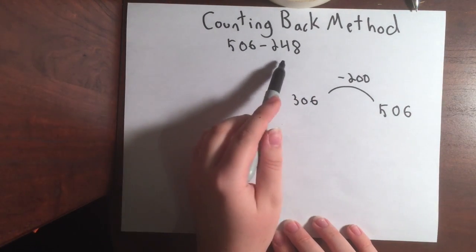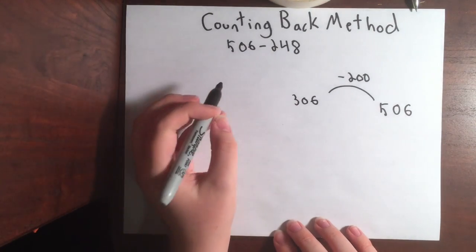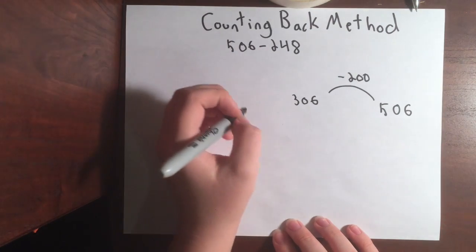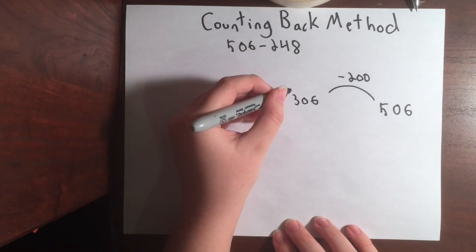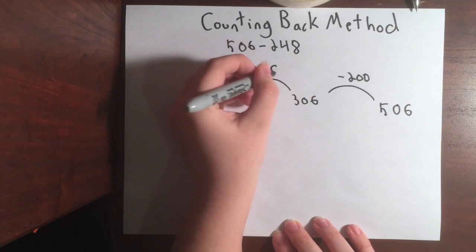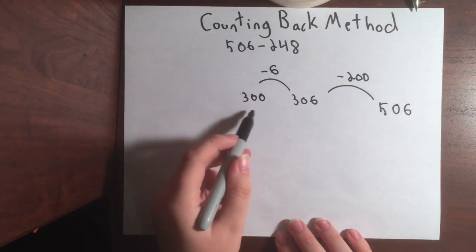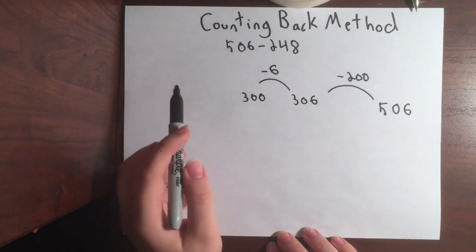Now we're a lot closer to 248 than we were when we began. Now let's take away our 6 here, so we have an easier number to work with altogether. Now we're at 300, which is an easy number to work with.